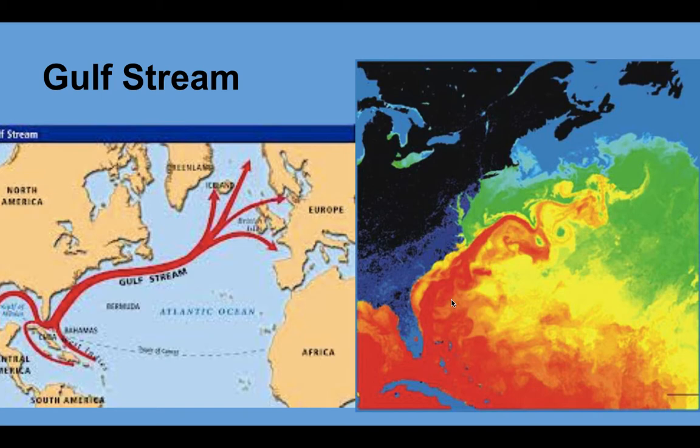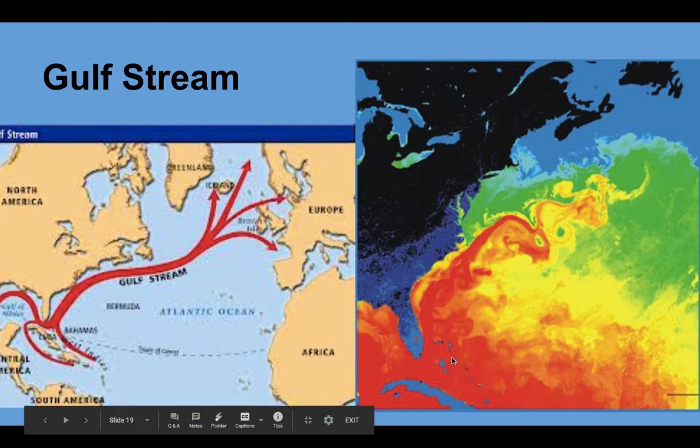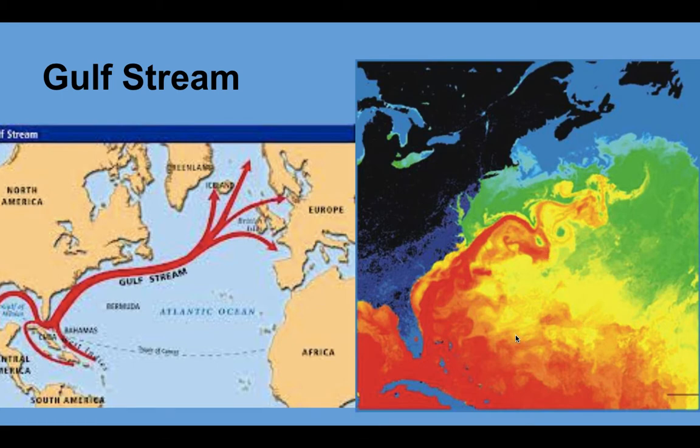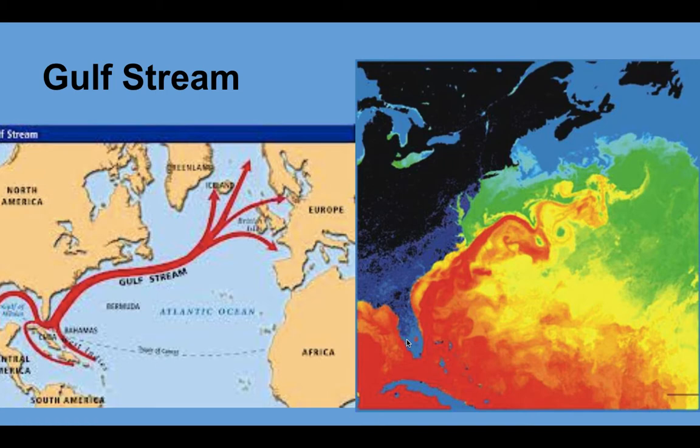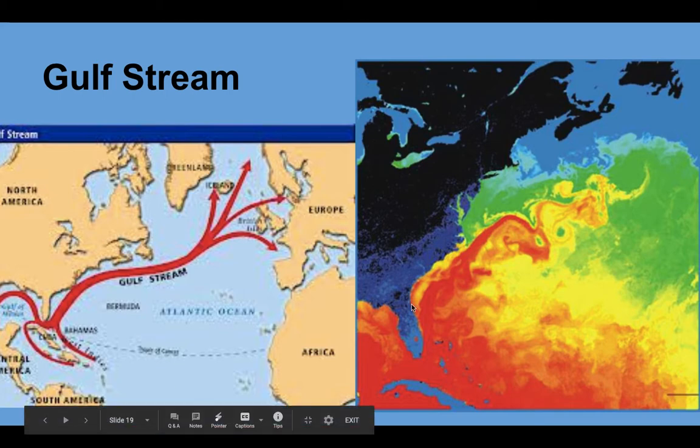And you can see that it's driven by this hot water in the Caribbean. If we look at this heat map over to the right, because the Caribbean is so shallow and on the equator, all in the tropics, it heats up very quickly.